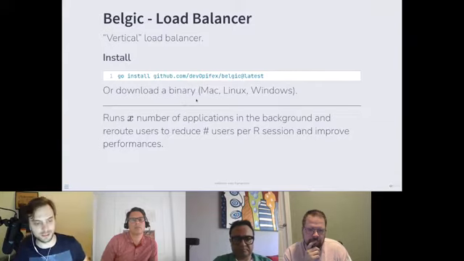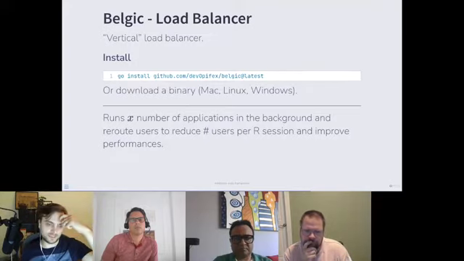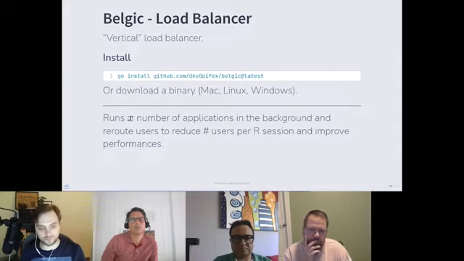You likely want Linux. And essentially, what it's going to do is run your application X number of times. You define that in the background, and when a user visits your app, it's being redirected to one of these apps running in the background. And what that means is that you reduce the number of users per process, and overall you improve the performance of the application.